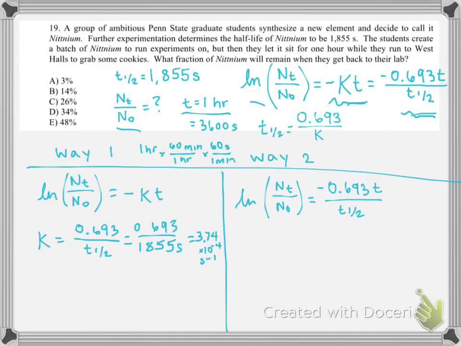And so that's the time we're going to want to use below. So we can set this up. So this is going to be equal to our negative K times our time in seconds so that the units match.